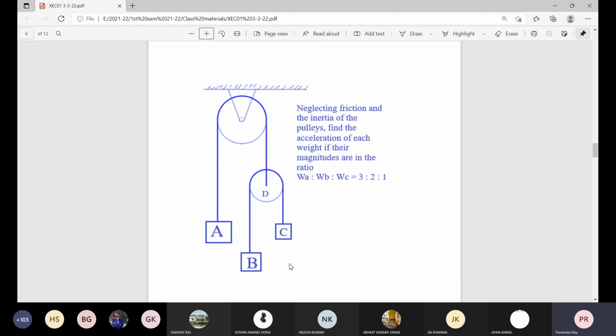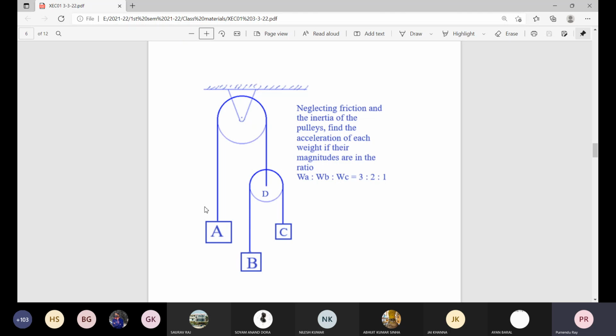Here was another problem. Three weights were given in the ratio 3:2:1, block A, block B, block C. It's not like that at the center of this pulley some force of magnitude 3W, 2W and W is acting, it's not like that here is some concentrated weight 3W acting.